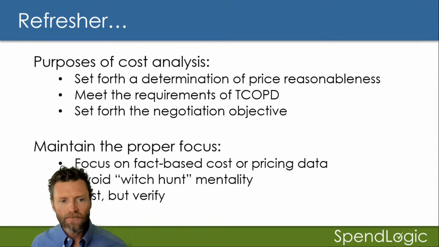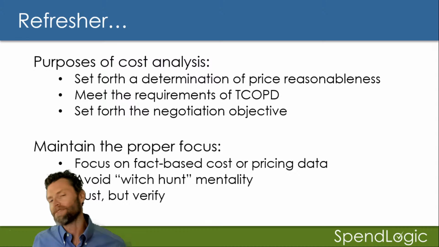So as a refresher, what is the purpose of cost analysis? Why are we talking about this? First and foremost, the purpose is to set forth an opinion of price reasonableness. This is also the purpose of price analysis. Cost analysis just gets deeper into it. We have to meet the requirements of TCPD, the truthful cost or pricing data.